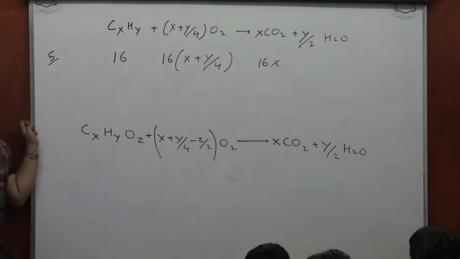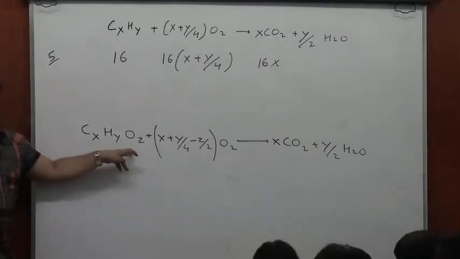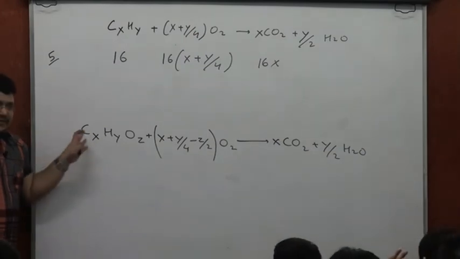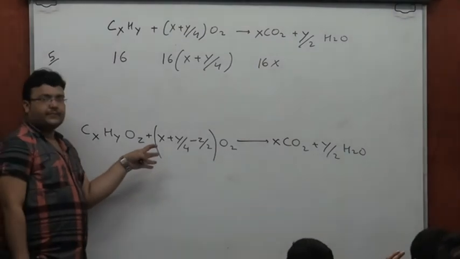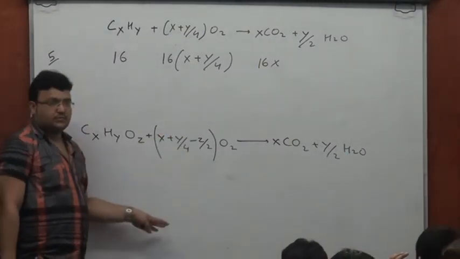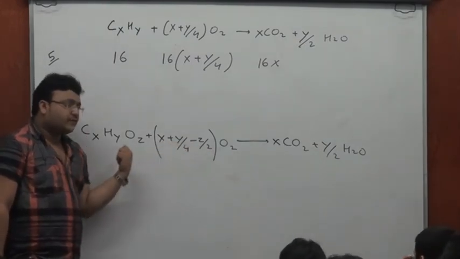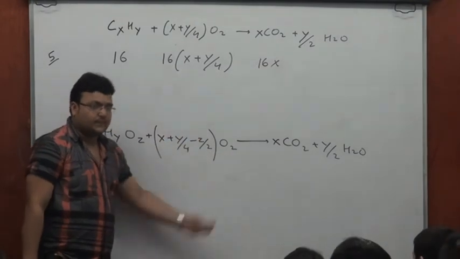Simple as that. If it's a molecule containing oxygen as well, and it's unknown, the formula will be CxHyOz. The balanced equation then will be oxygen required x plus y by 4 minus z by 2, minus z by 2 because this much oxygen is already present. Again, you understand Oz is the same as z by 2 O2.